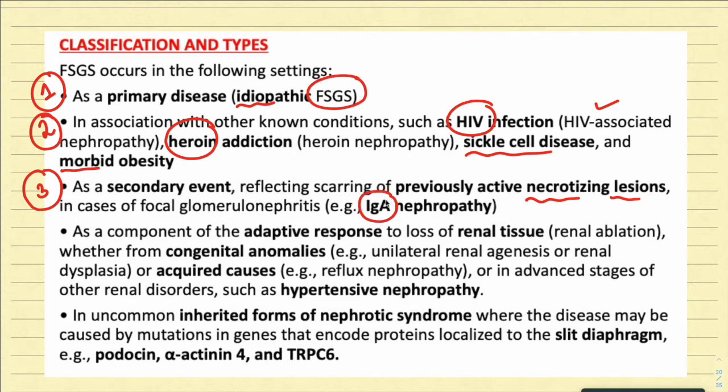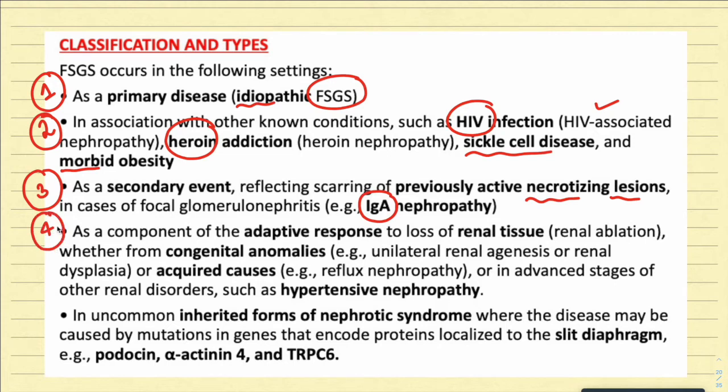So some other kind of nephropathy was present, that is IgA nephropathy, which is basically a focal glomerulonephritis. Okay, so in those active necrotizing lesions, in a later stage they developed scarring, and secondarily to such active necrotizing lesions they developed FSGS. Is this point very clear?